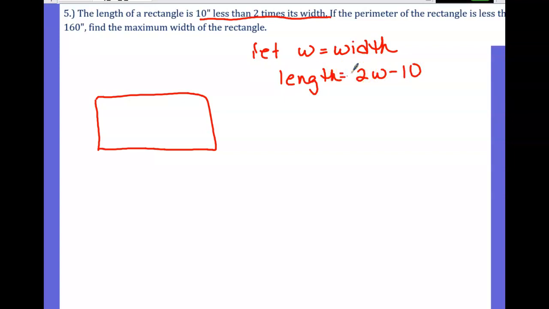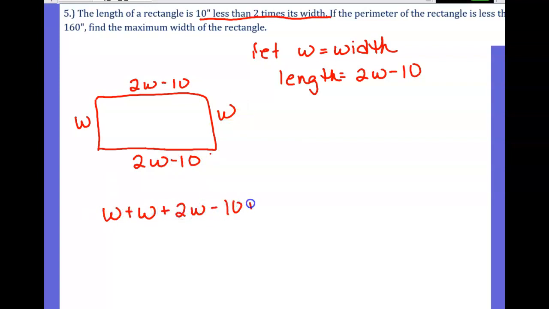All right, now if I drew a picture and I put the width on here, if this is the width, this is also the width, and the length is 2W minus 10. The perimeter is when you add up all the sides. So you could take the 2 width sides and then add in the 2 length sides, and it's less than 160. So we combine our like terms. W plus W is 2W, plus 4W.